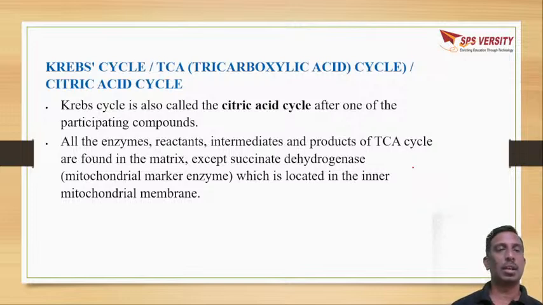Krebs cycle का दूसरा नाम है ट्राइकार्बोक्सिलिक एसिड साइकिल, और इसको सिट्रिक एसिड साइकिल भी बोलते हैं. So Krebs cycle, tricarboxylic acid cycle and citric acid cycle are the same. This Krebs cycle takes place in the matrix of mitochondria.